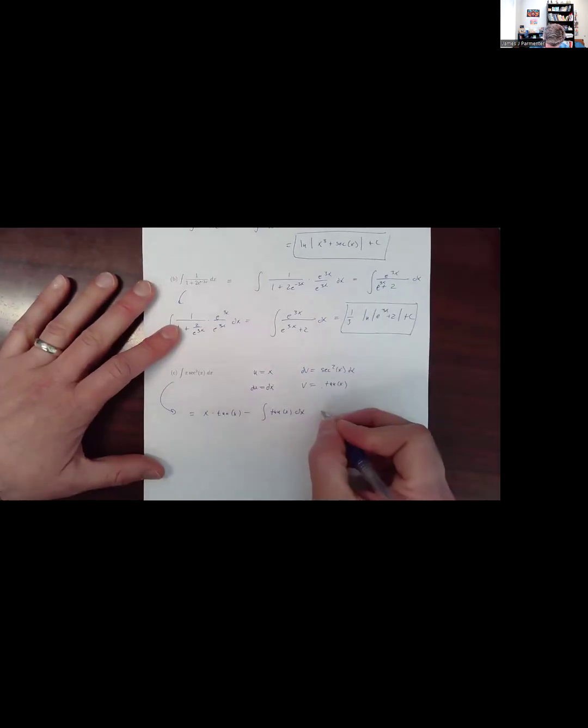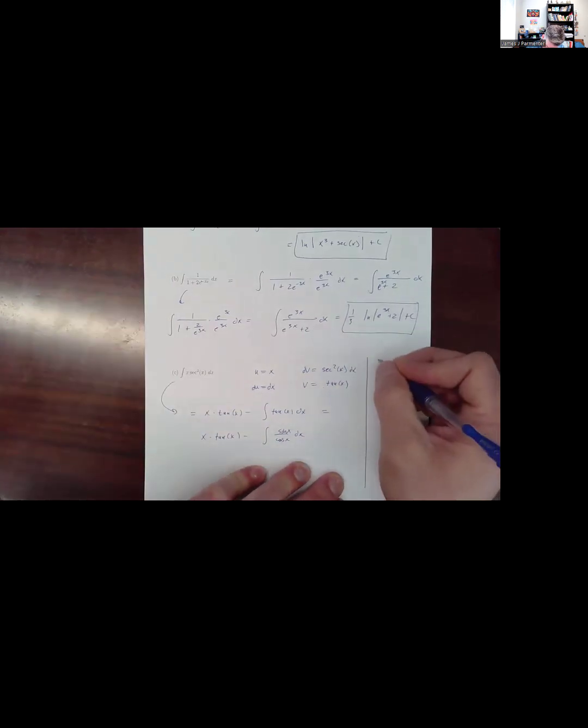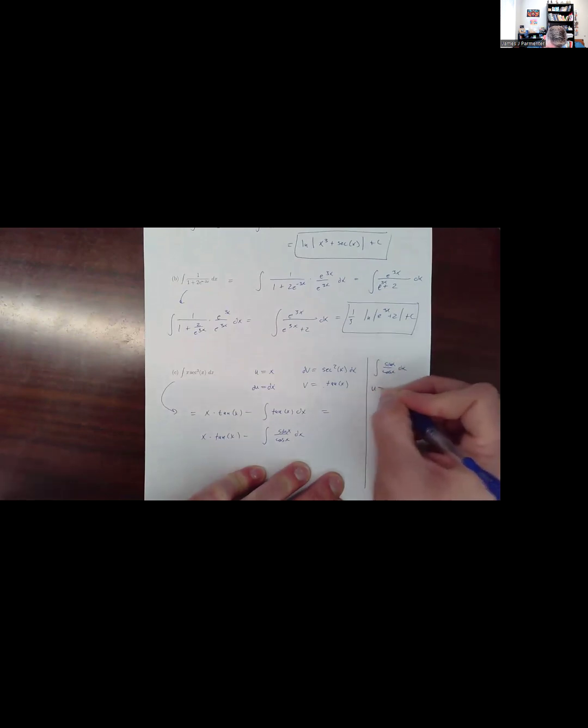Now, I do think you're expected to know the integral of tangent. If you forgot it, you could rewrite this as x times tangent of x minus the integral of sine x over cosine x. And then we'd be like, oh yeah, the integral of sine x over cosine x: if you let u equal cosine x, du is negative sine x dx.